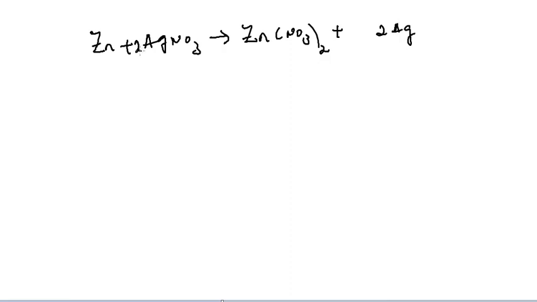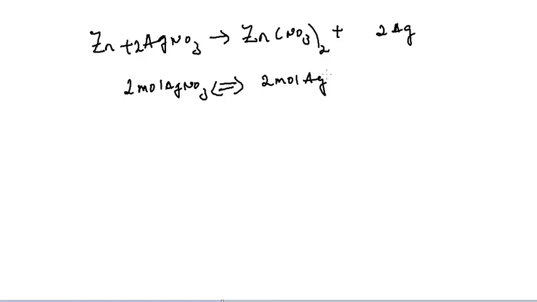And remember, we always have to balance the equation. So the question is how much silver will be formed? We're going to compare 2 moles of silver nitrate with 2 moles of silver.